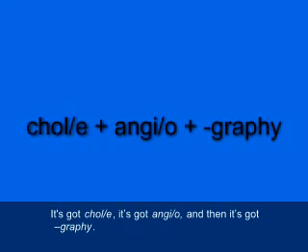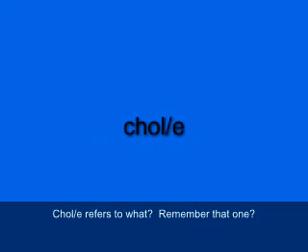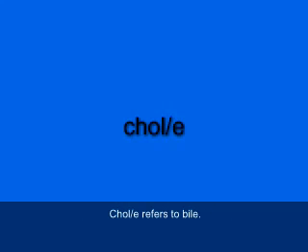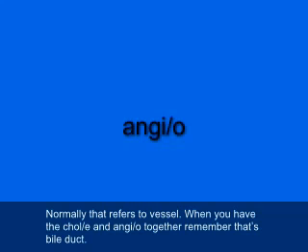It's got chole, C-H-O-L-E. It's got angio, A-N-G-I-O. And then it's got graphy, G-R-A-P-H-Y. Chole refers to what? Remember that one? Chole refers to bile. Angio normally refers to vessel.